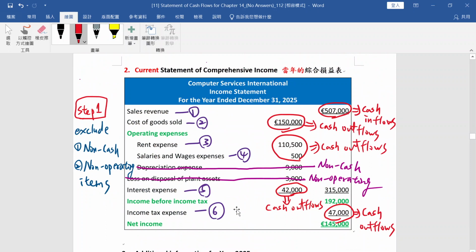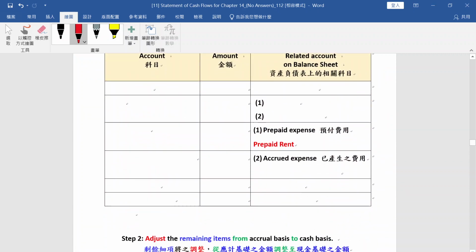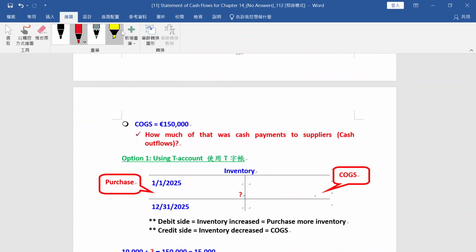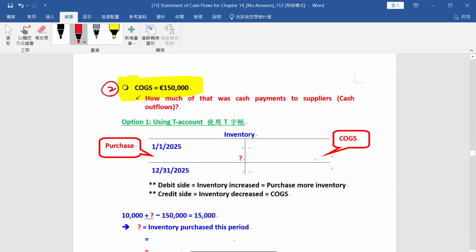We want to know our cash outflows. So based on cost of goods sold, $150,000, we want to figure out our cash outflow, right?